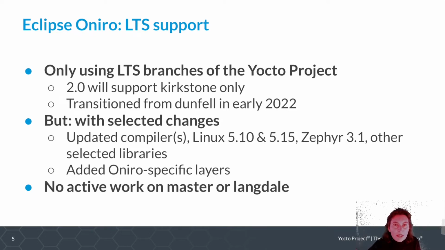It also means that at Oniro, we do not do any active work on the master or langdale branches of the Yocto project. One thing that is important here is that if there is a fix or a change that lands in those two branches and it gets backported to kirkstone, we do not see it until it hits kirkstone.